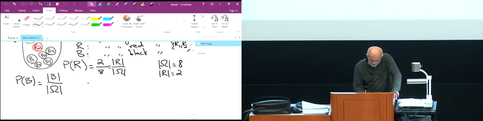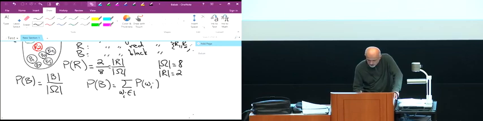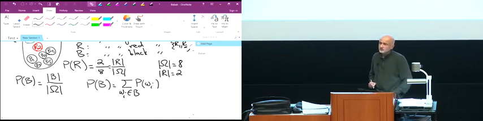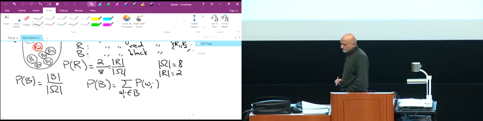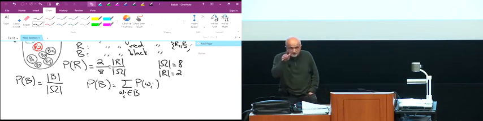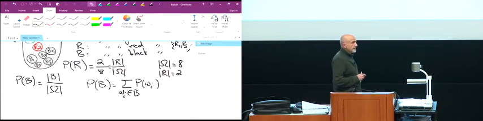And the probability of an event, say, B, is the sum of all the probabilities of the sample points that are in B. You take the probability of each sample point that's in B, add them all up.